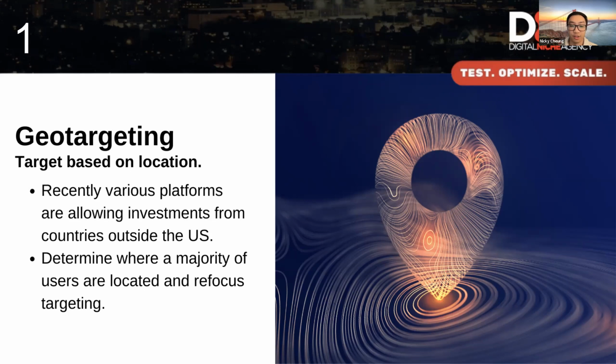And again here, determine where a majority of users are located and refocus your targeting. This is actually very important. Once you've tested, once you've understood really where your cream of the crop is in your geotargeting, you want to start narrowing down. Maybe your best performing audiences are in California and New York.